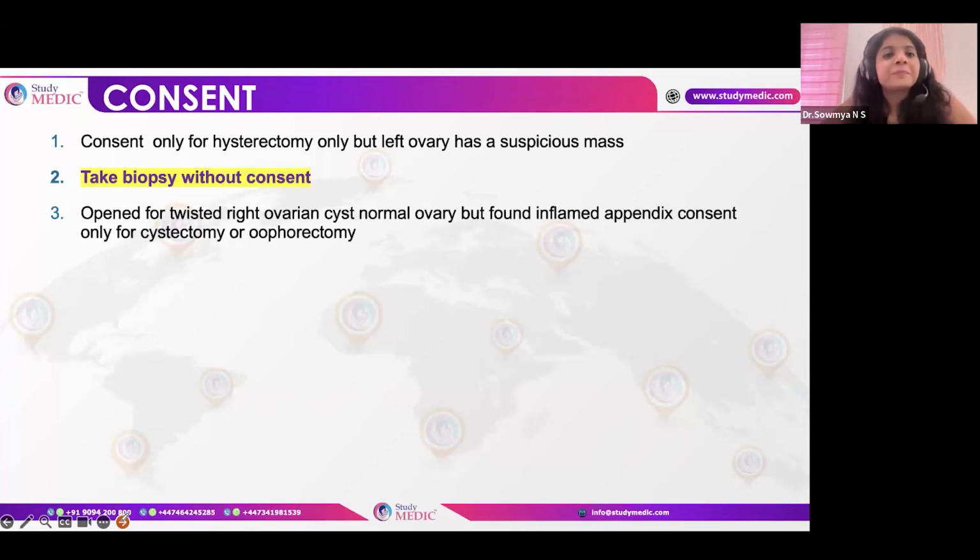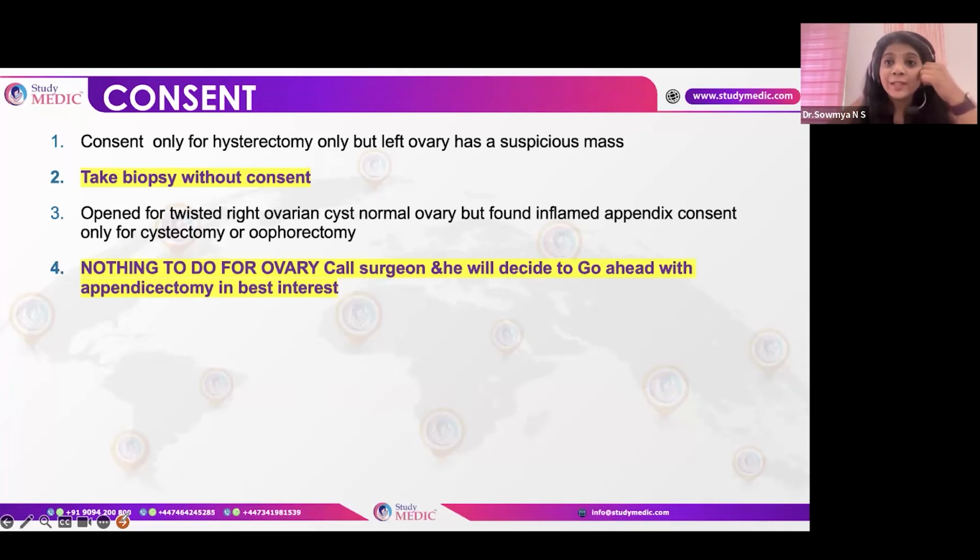Open for a twisted right ovarian cyst, normal ovary, but found an inflamed appendix. Consent has been given for cystectomy or oophorectomy. Very common. Your surgeon might be calling you for an ovarian cyst, or you might be calling the surgeon for the appendix. Obviously, you have taken consent only for cystectomy or oophorectomy, but there is a twisted right ovarian cyst. The ovary is normal.